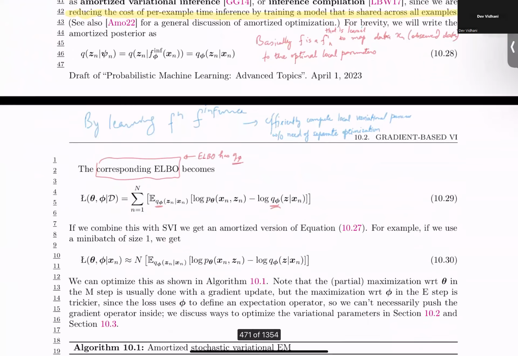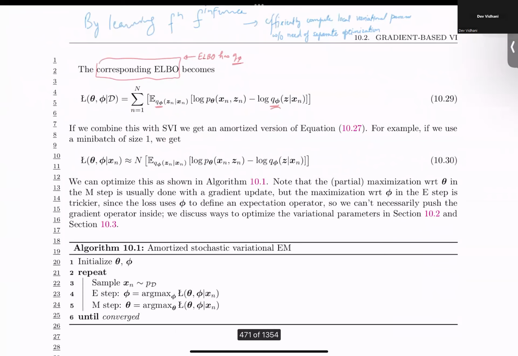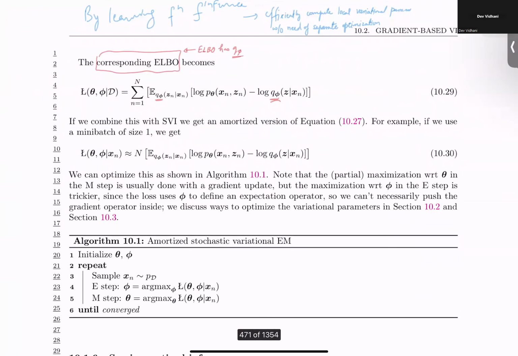If we continue on this path, this is the algorithm that we have, 10.1. We initialize theta and now phi, which is the inference network. We pick a data point xn from the data set. We apply the expectation step, which is finding, or optimizing for, phi based on the data point that we picked.